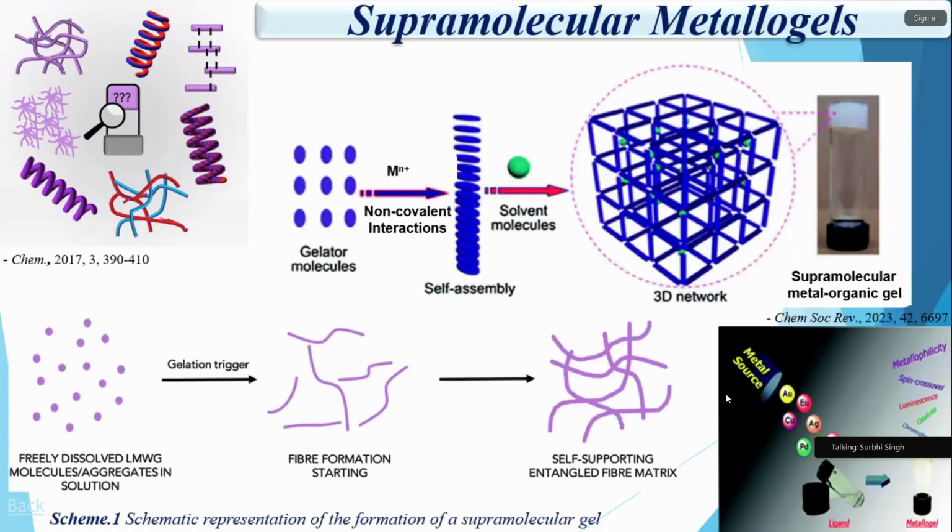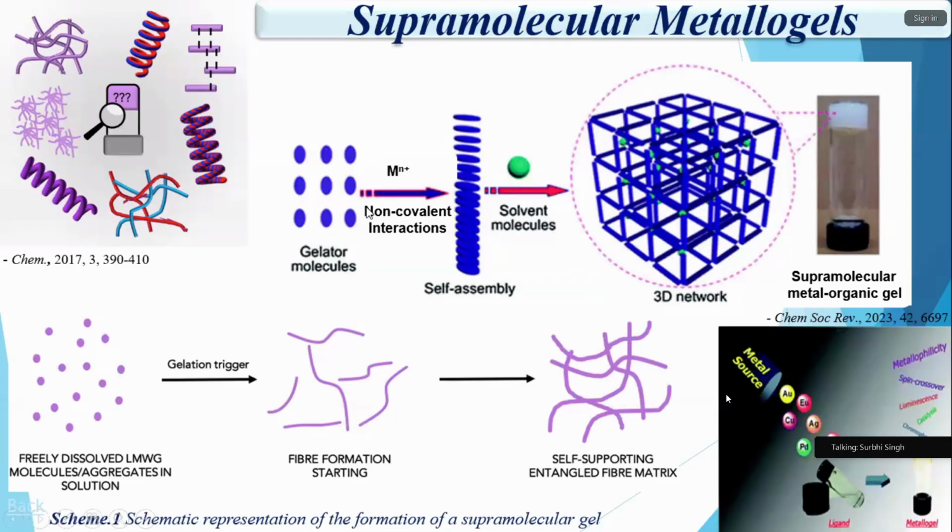Here, metal organic gels are basically a class of hybrid material which undergoes non-covalent interaction to form a self-assembly within the gelator molecules. Here, coordination interaction between ligand and metal ions is the main driving force for the formation of these metal organic gels.